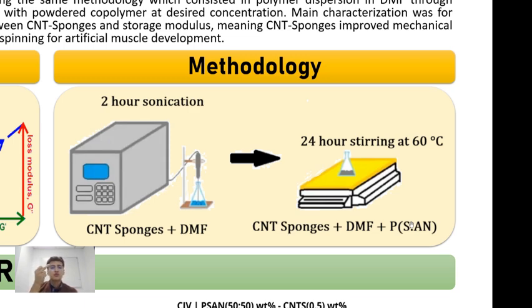The third concentration was 40% and 60%, and the last concentration was 50 to 50%, all of them in weight percent of the monomers. And for the concentration of the carbon nanotube sponges, there were three variations. The first one was 0.1 weight percent, the second one was 0.3, and the last one 0.5 weight percent also.